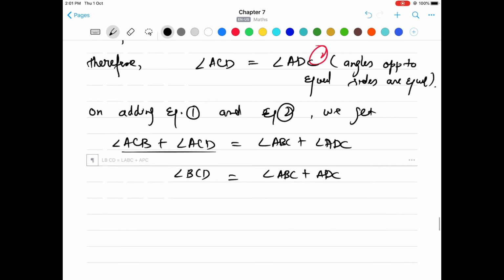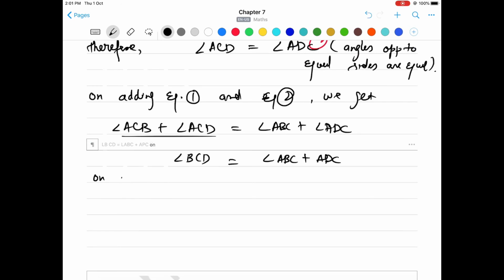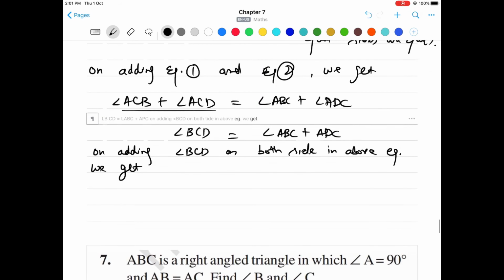Now adding the angle BCD on both sides in the above equation, we get, since we already have BCD here, so this will be BCD plus angle BCD equals angle ABC plus angle ADC plus angle BCD.